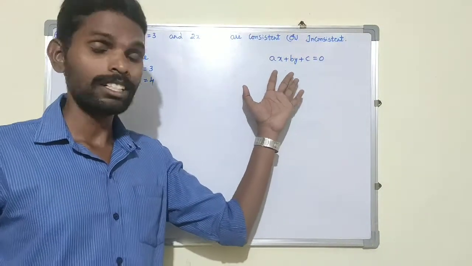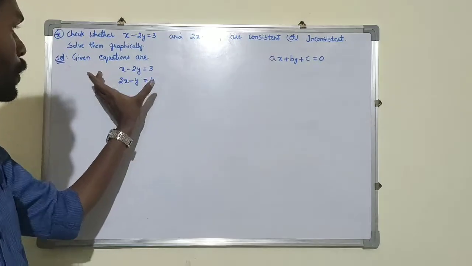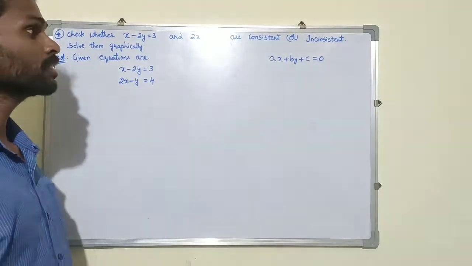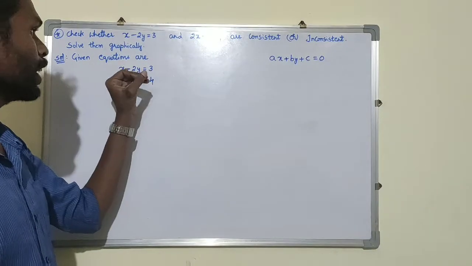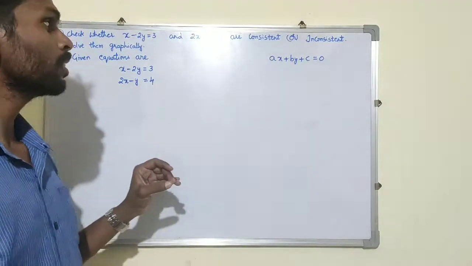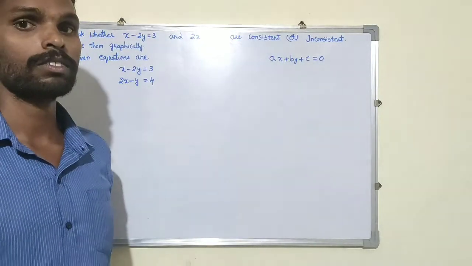This is also called general form and standard form. You need to represent the given equations in this form, means you need to take a1, b1, c1 and a2, b2, c2 values. Now first convert this equation to this form.